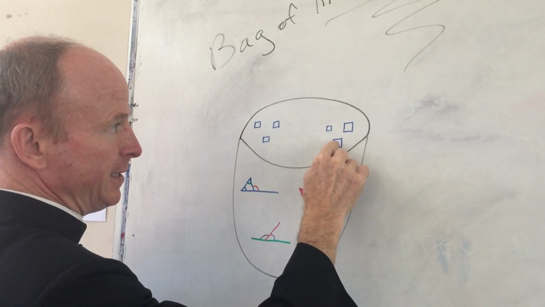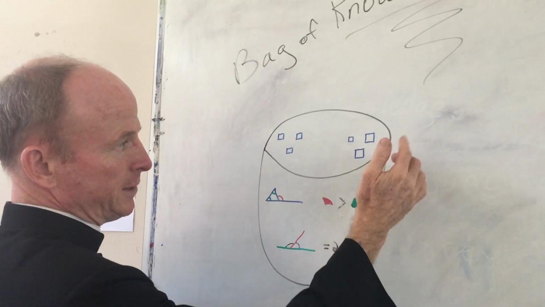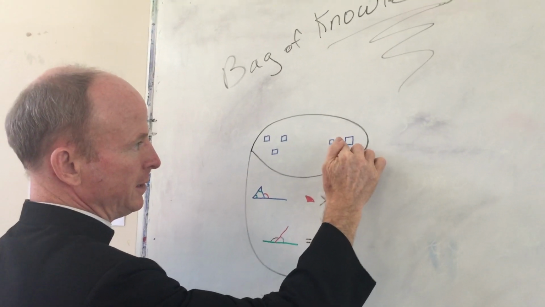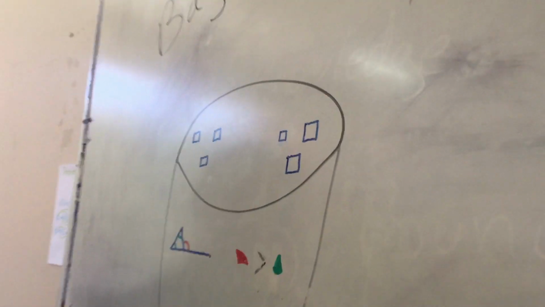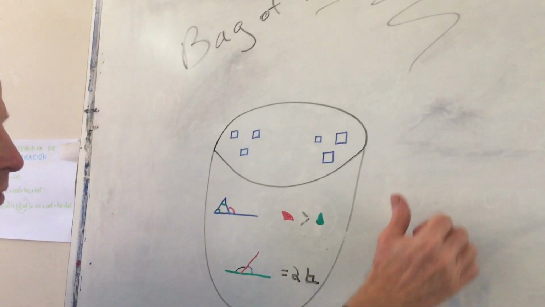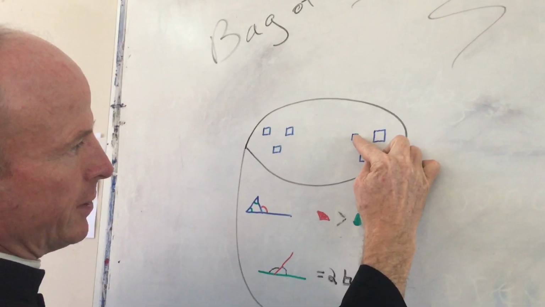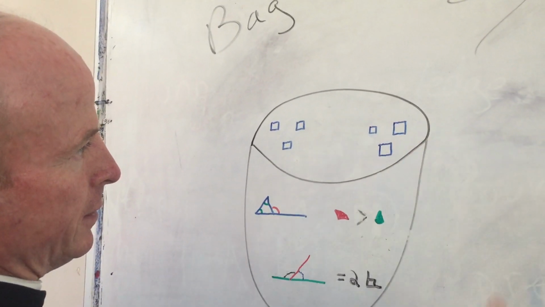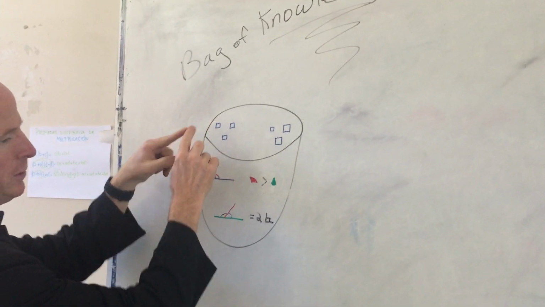So if this is less than this, and this is equal to this, this is also less than this. Said another way, if this is equal to this, and this is greater than this, it is also greater than this. Okay? So we'll do that one more time. It's a derivation of two things being equal to the same thing being equal to each other.